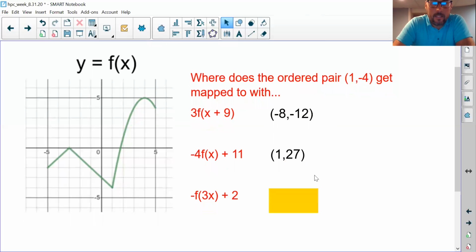And then lastly, what does this? There are 3 transformations here. What happens to 1, -4 with these? Well, you've got a horizontal shrink going on here. This 3 doesn't make it. It's the reciprocal relationship here. So every x value gets divided by 3. So 1 would normally produce -4.